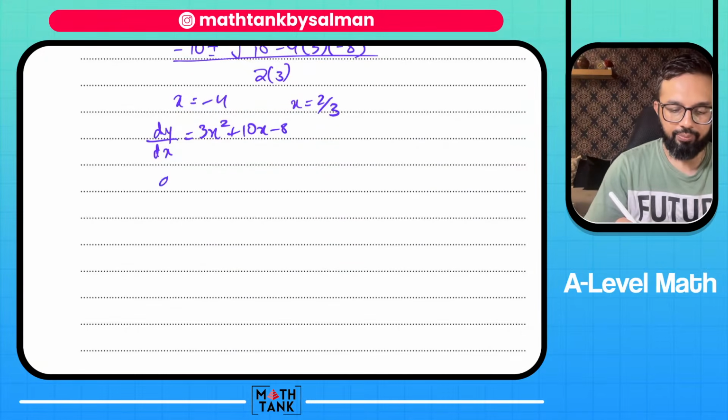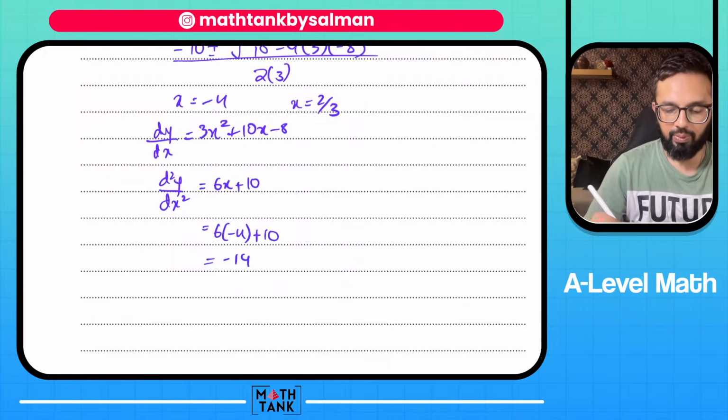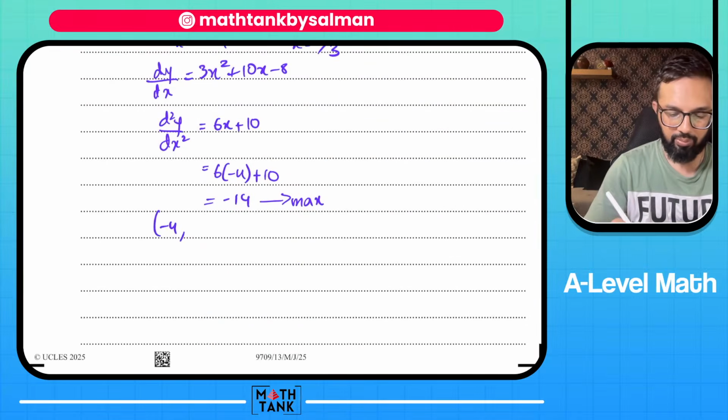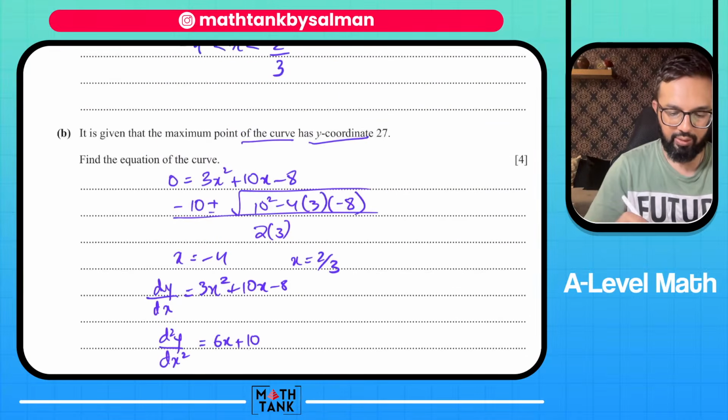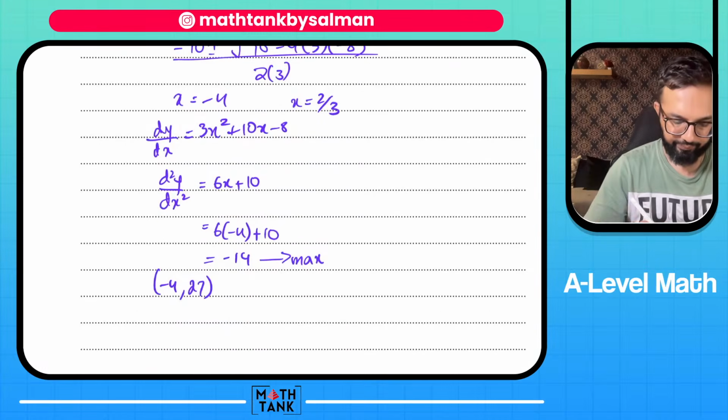Okay. Double differential: 6x plus 10. So 6 times minus 4 plus 10, so minus 14. This one is going to be the maximum point. So this one has the y coordinate whatever is provided to me, minus 4 comma 27. My task here is to find the equation of the curve.